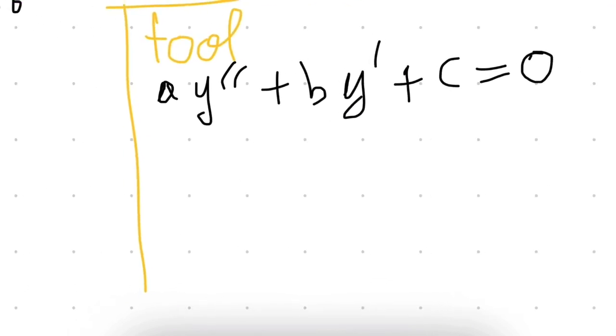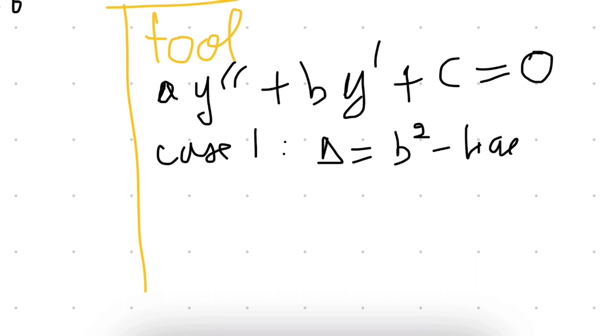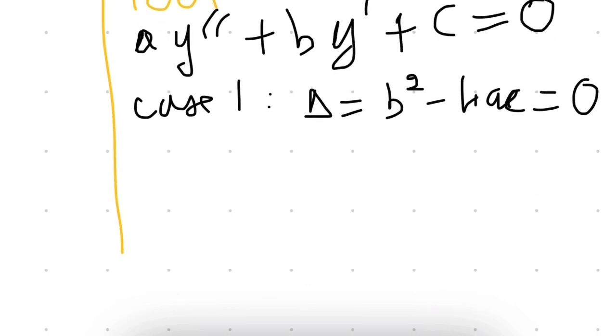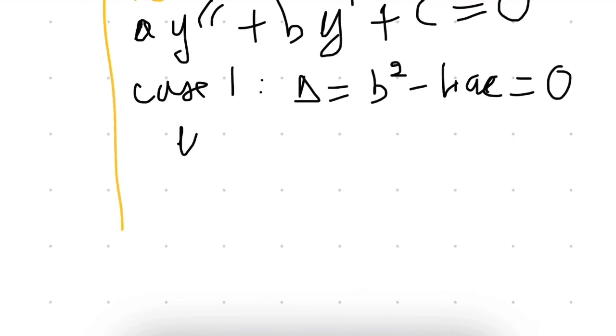So we have three cases. Case 1, we're gonna have our delta equal b squared minus 4ac, and we make it equal to 0. That's our first case. It tells us that since delta is equal to 0, then you're gonna have only one r.